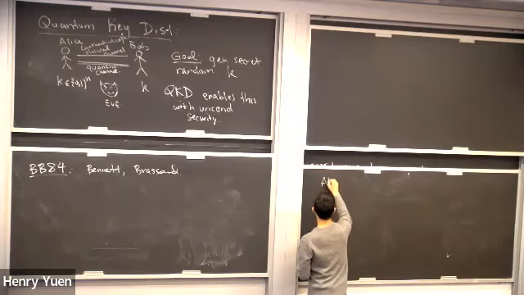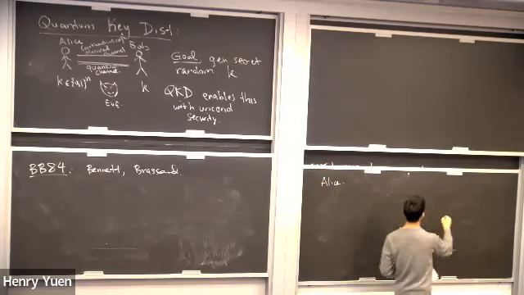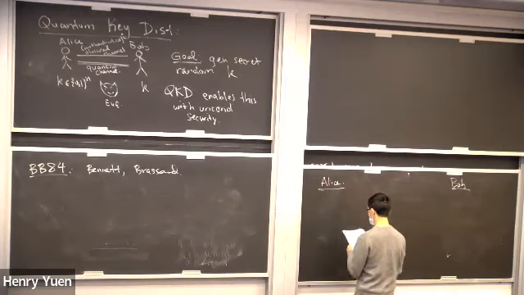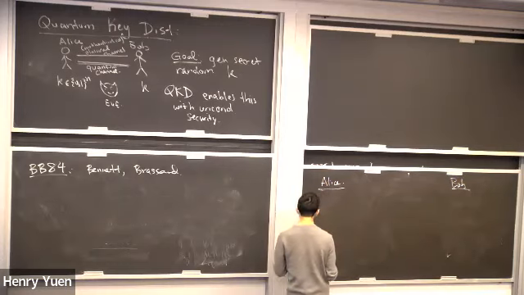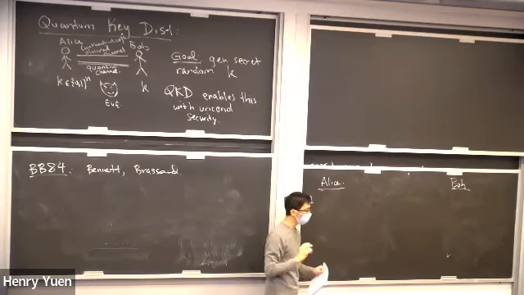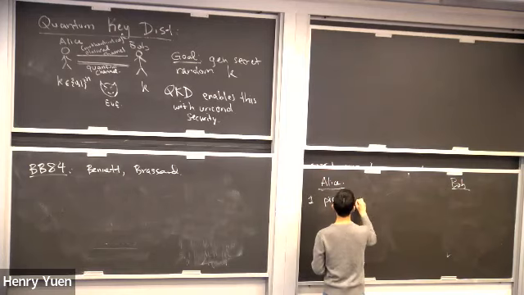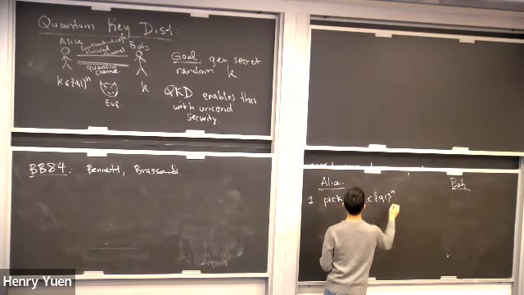So Alice is first going to pick two random strings. She's going to pick two strings x and b that are, say, n bits long.